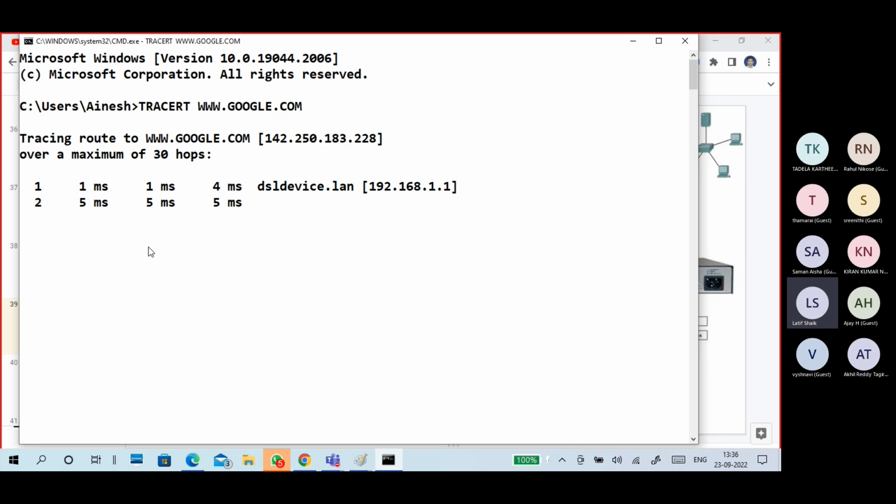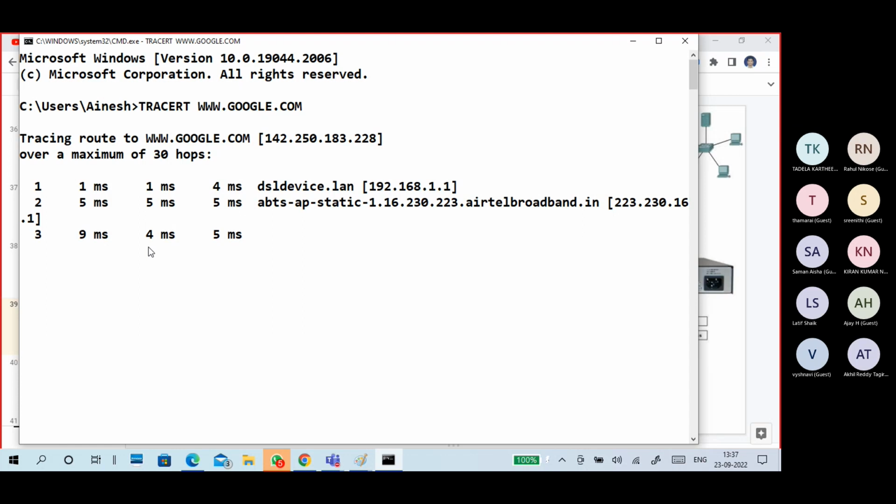Then from my router to the ISP, some internal ISP routers will be there. Then it should cross our Indian border, and then go to another router. Finally it reaches the destination, and we have to reach the destination within 30 hops. Yes, this is my Airtel broadband router information, their ISP providers.